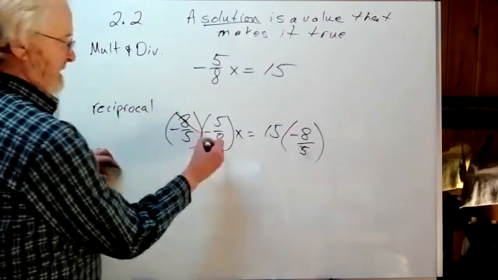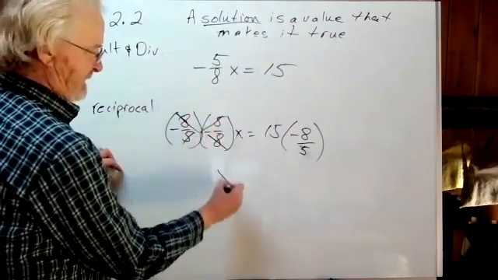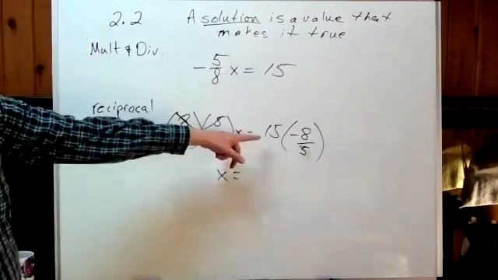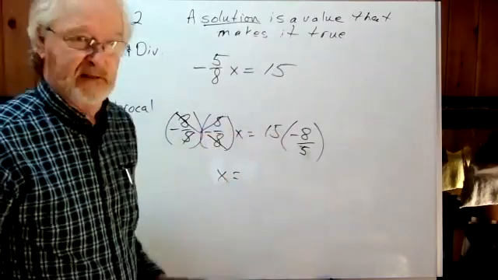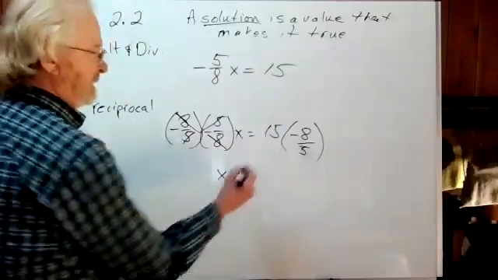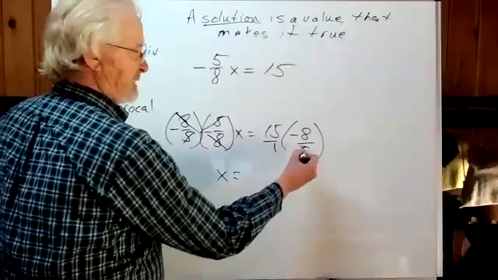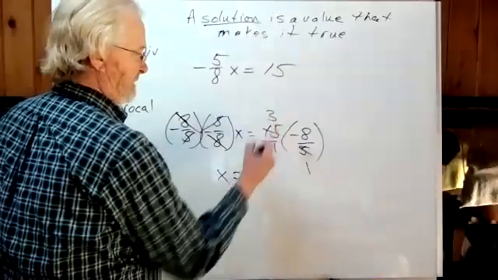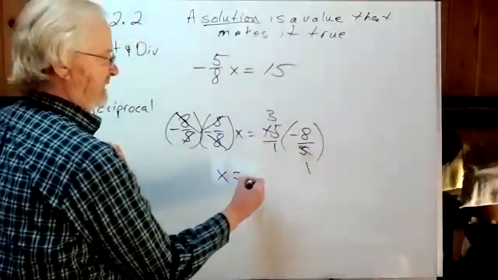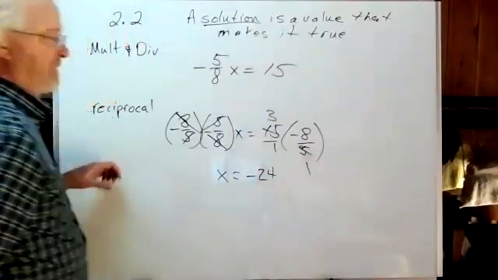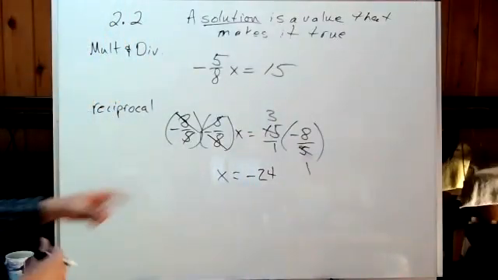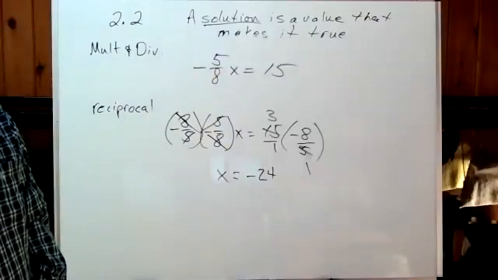These all cancel each other out, and so I get plain old x. I needed those parentheses so it doesn't look like a subtraction problem. Maybe you like putting the 1 under there, because now I can divide this by 5, divide this by 5. Don't lose your negative: negative 24 is the number I could have put in for x to begin with.